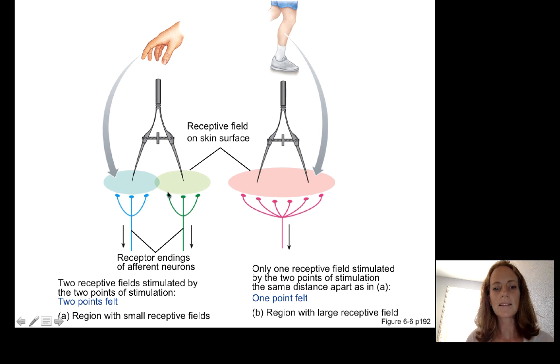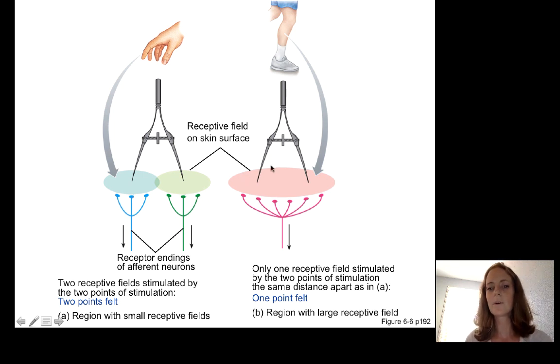What that means is that when you have smaller receptive fields, if you put two separate stimuli in that area of the skin, you will actually be able to perceive that there are two separate stimuli because you will have two separate neurons that are innervating that area.